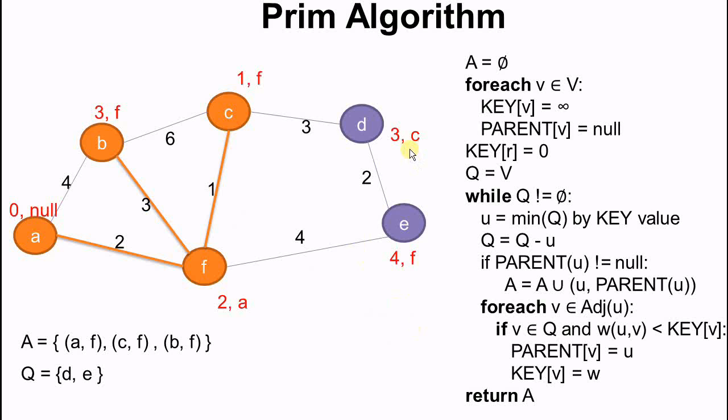And the next one with the smallest key is D. So we add CD into A. And the last one is E. We add DE into A. So eventually Q is empty and we'll exit the loop. And A contains all the edges of the minimum spanning tree.